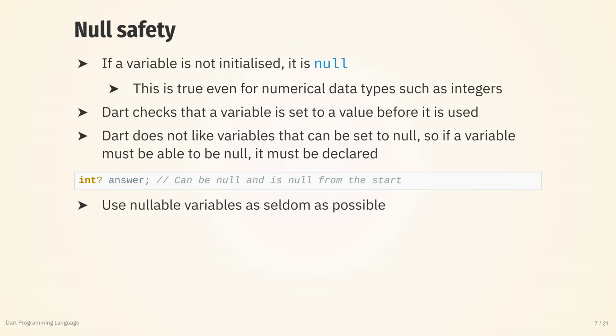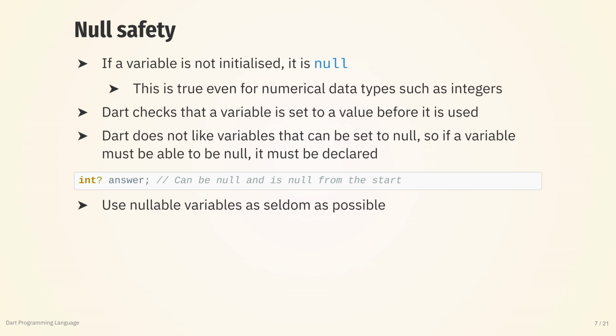One thing that Dart has put a lot of emphasis on is what's called null safety. Namely, that we need to know if a variable can be or could be null. And in Dart, if a variable is not initialized, it is null.